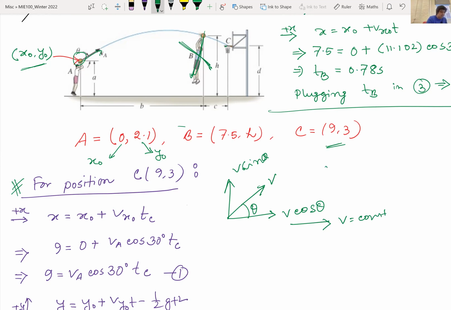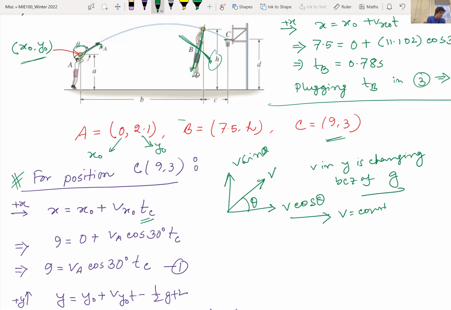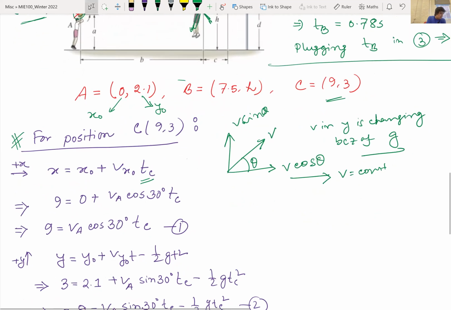Only v in y direction is changing because of gravity, right? Okay, so let's apply this equation. Let's say that it will take time tc for the ball to reach from this point to here, right? And our question asks what is the height of this and also the time.